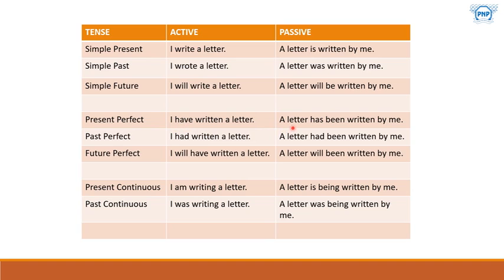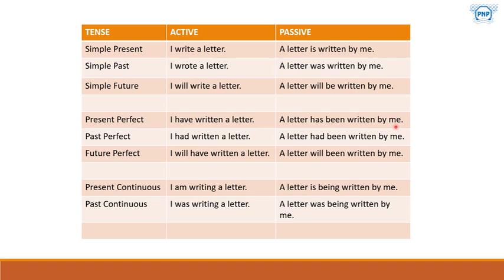Here you can see the object has become the subject. So a letter, how many letters are there? Only one. That's why here has: a letter has been written by me. In passive we have to use been, that we have seen already. Has been, and after that the third form. Already it is written, so no need to change.